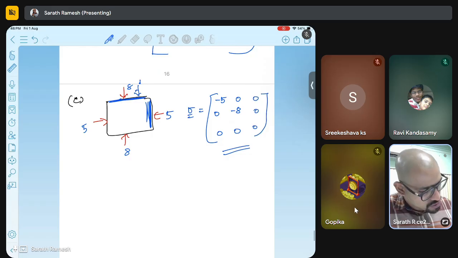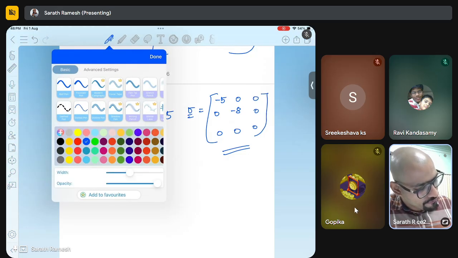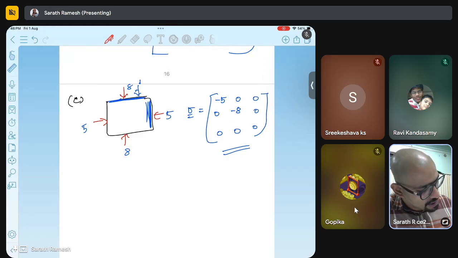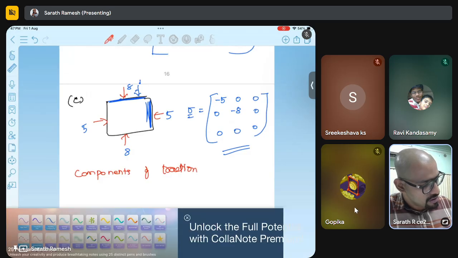Fine. Let's finish up with the final subdivision of the day, topic of the day: components of tensor, components of traction vector.